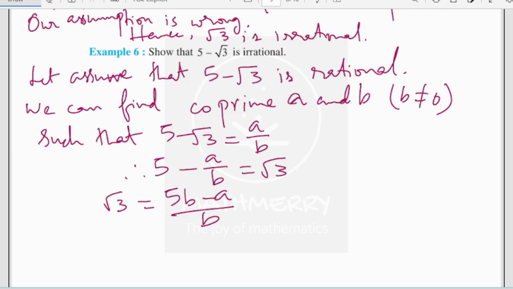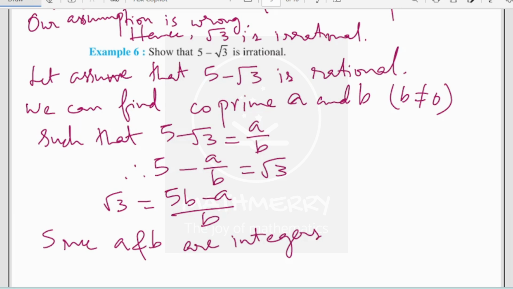Now, since A and B are integers, root 3 is equal to 5B minus A divided by B.